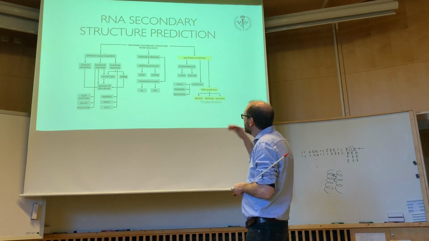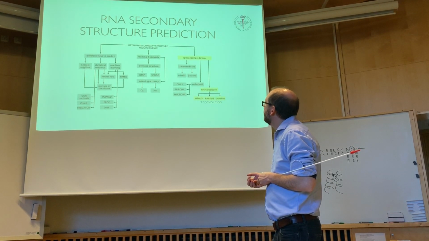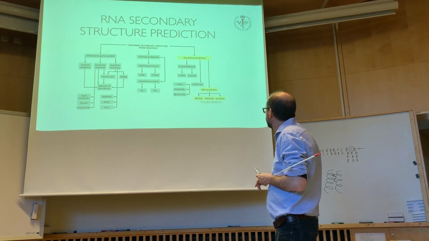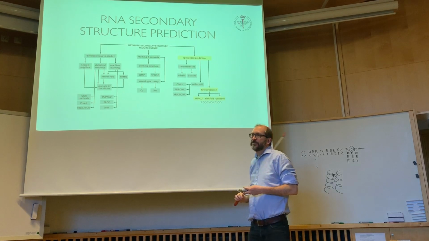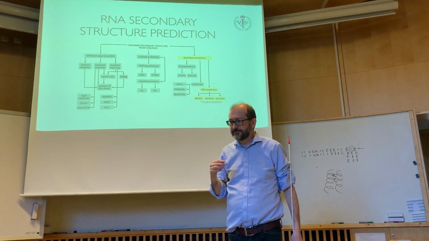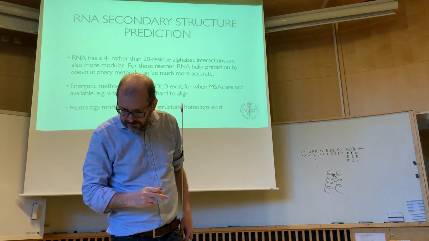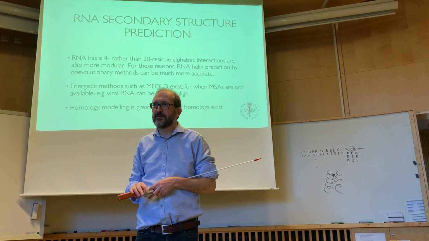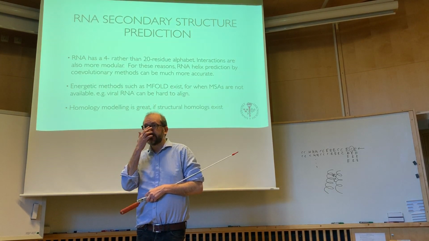So, RNA secondary structure prediction. We're going to do this two different ways. We're going to do it by mfold, which is an energetic method, and we're going to do it by coevolutionary methods. And actually, coevolutionary methods are really good at predicting RNA secondary structure, at least helices.